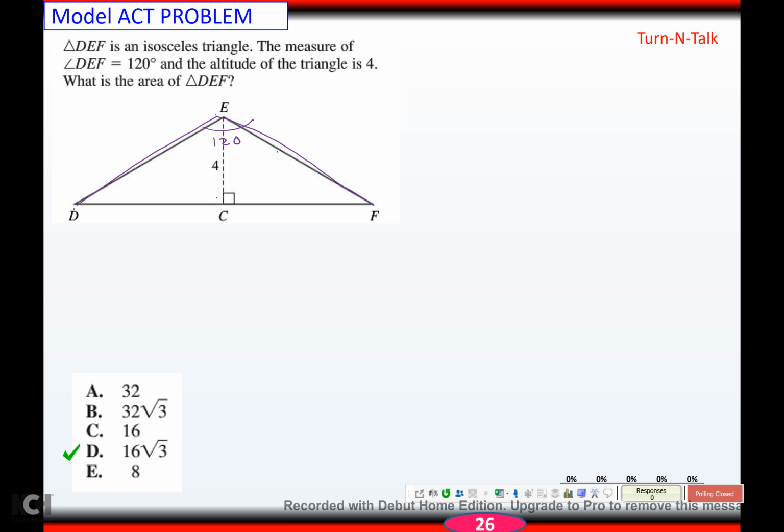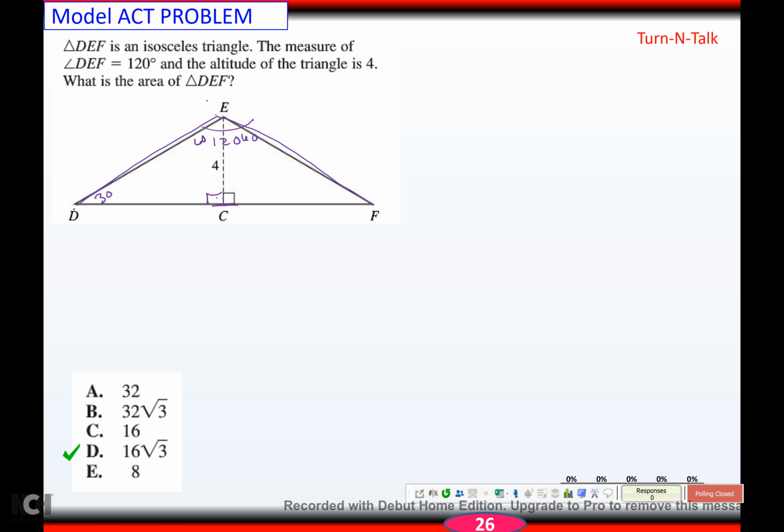Well, if I split this 120, this perpendicular from this base to that angle splits this, so this would be 60 and this would be 60. Well, since this is 90, I have 30, 60, 90 right triangles here.